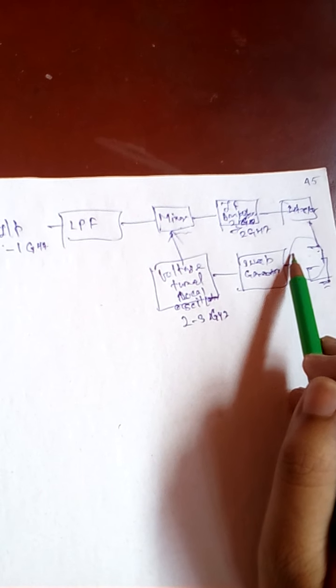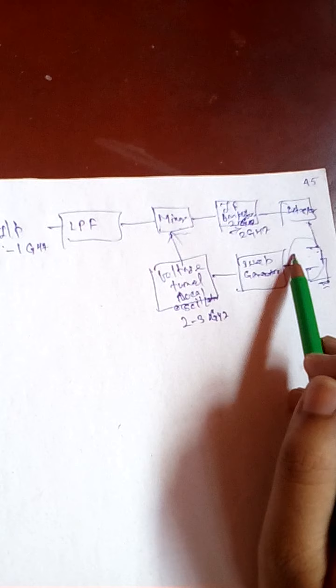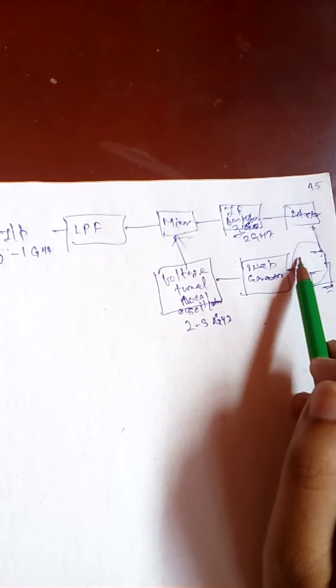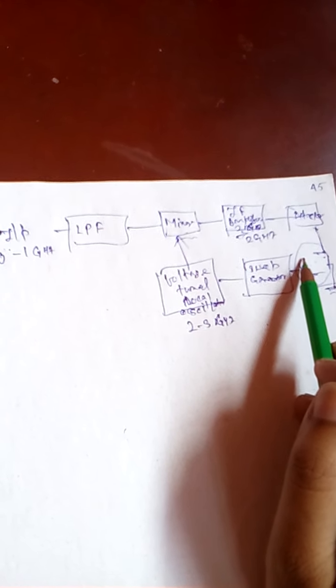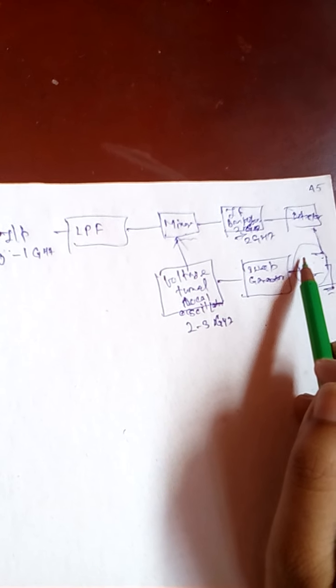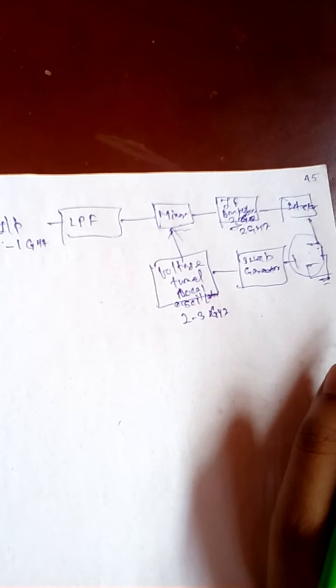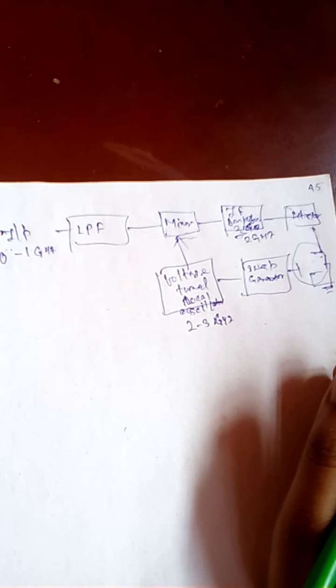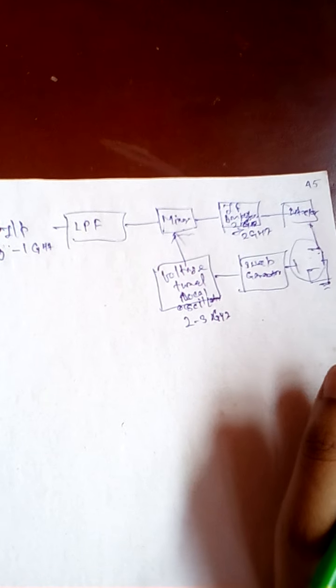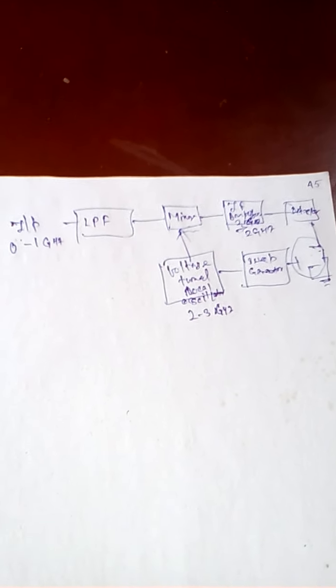A low pass filter of cutoff frequency 1 gigahertz suppresses unwanted signals at the input. Spectrum analyzers are widely used in radar and the biomedical field. These are applications of the radio spectrum analyzer.